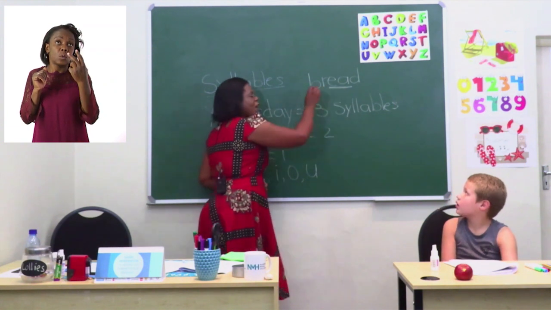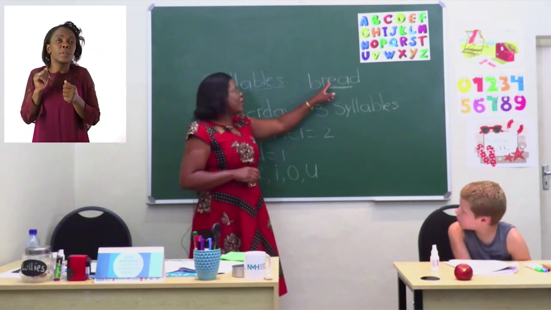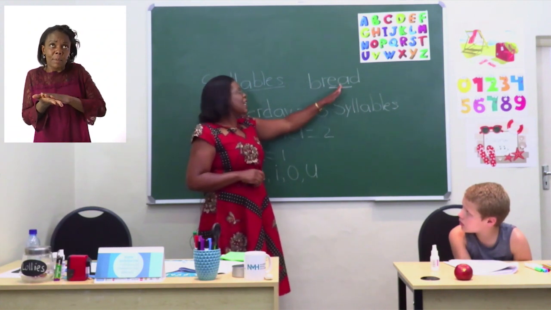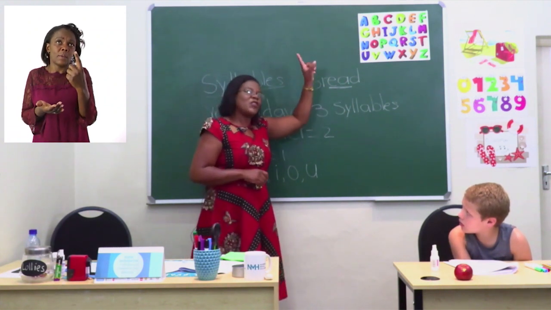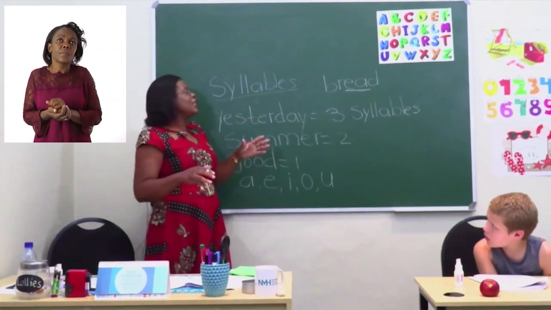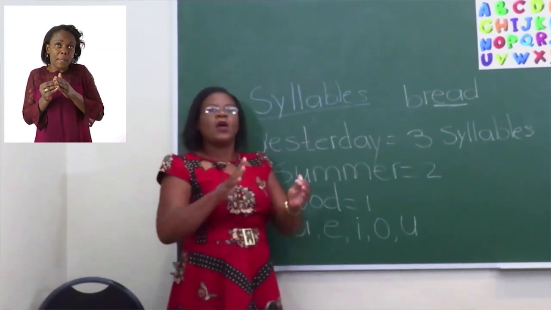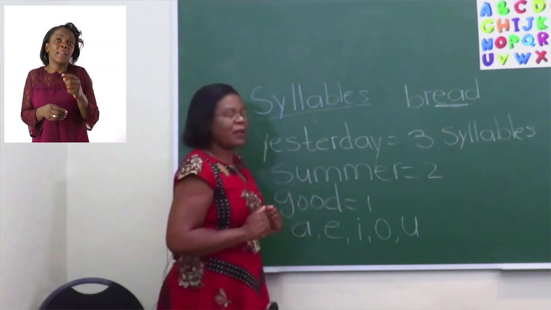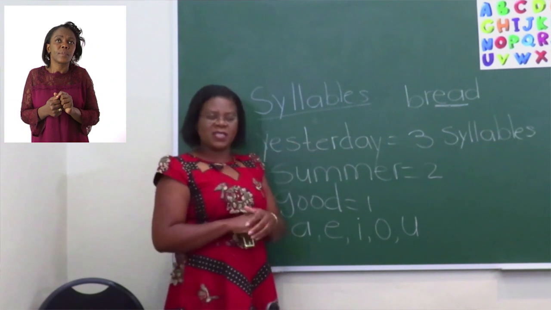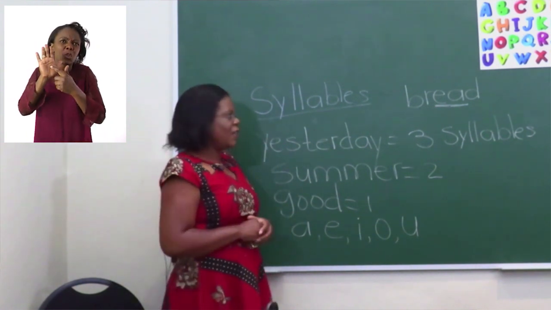It's only taking 1 vowel. So this sound here, the E for the elephant and the A for the apple, is just going to be 1. Therefore, this bread, even if I don't clap it, is going to give me only 1 syllable. Are we together? Remember, the vowels determine how many syllables are in a word.